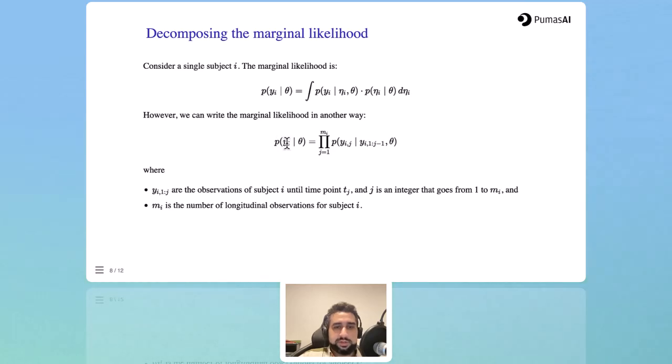So the probability of y_i given theta, and in this case we assume that y_i is a time series response. Let's assume that y_i for a single subject is actually 10 observations, not just one. So we have an observation at time 0, time 1, 2, 3, 4, etc. Let's consider one observation at a time.